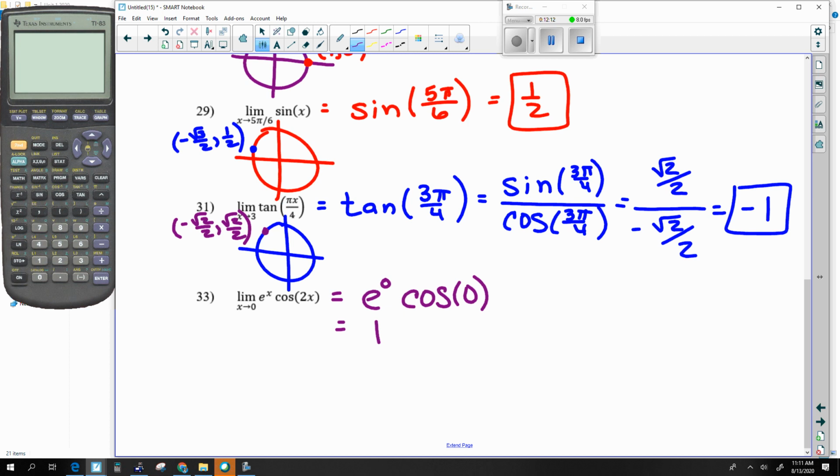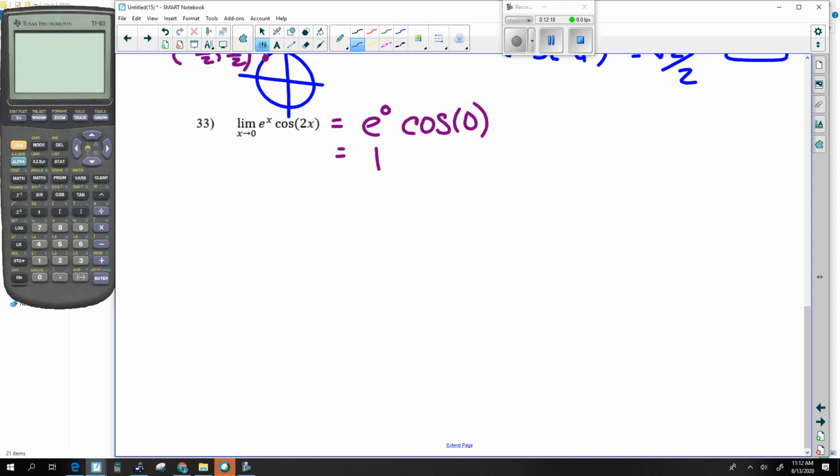Anything to the 0th power is equal to 1, so e to the 0th power is no exception. That is equal to 1.